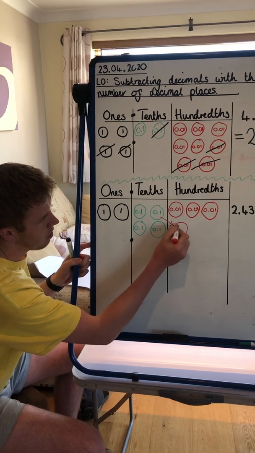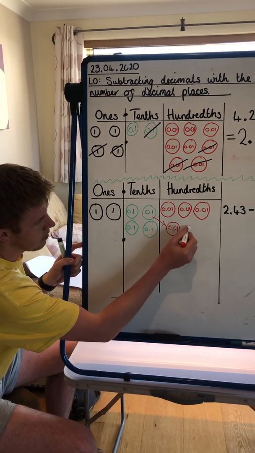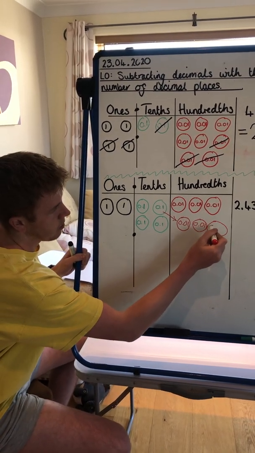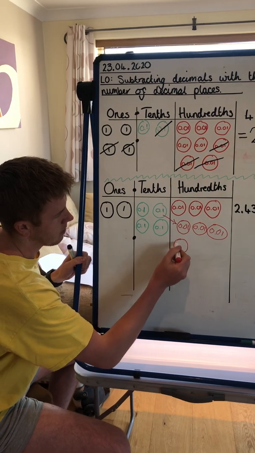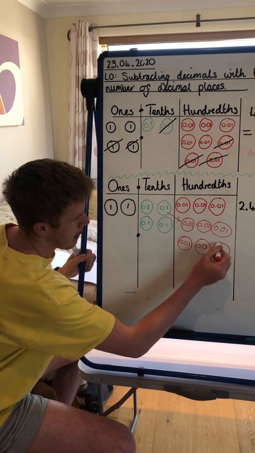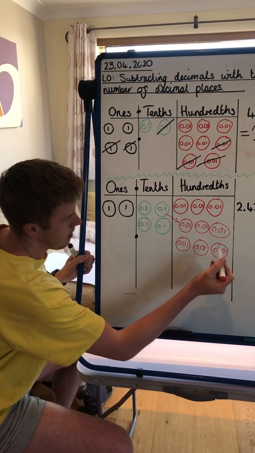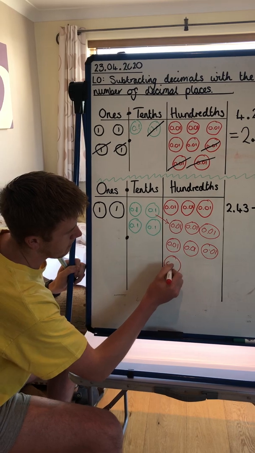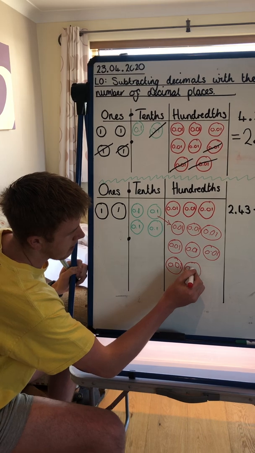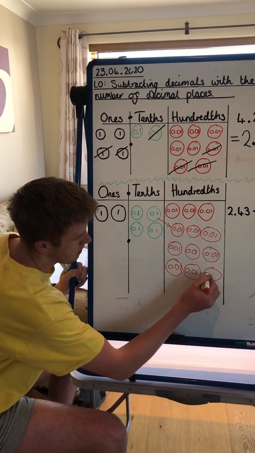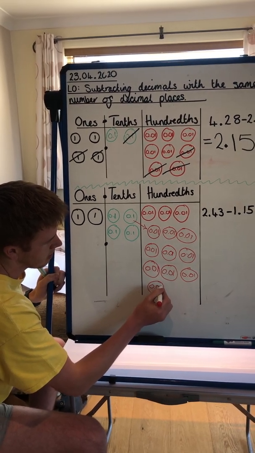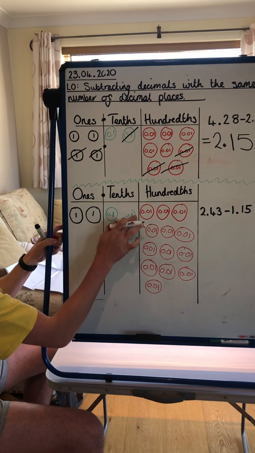So I'm going to have 0.01, 0.01, right, so I have 7 hundredths, 8 hundredths, 9 hundredths, and 10 hundredths. So that has now been exchanged.